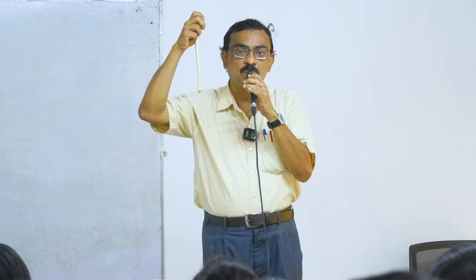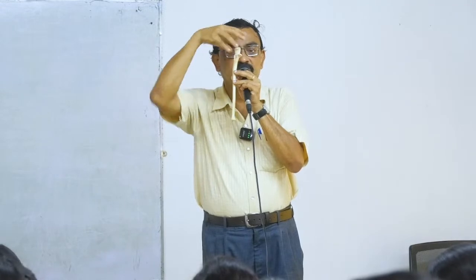Ulna, you know, it's a long bone. Long bone because the criteria of a long bone is it has to have one upper end, one lower end, and intervening shaft, and you will get upper epiphysis, the lower epiphysis, and intervening diaphysis. Clear?